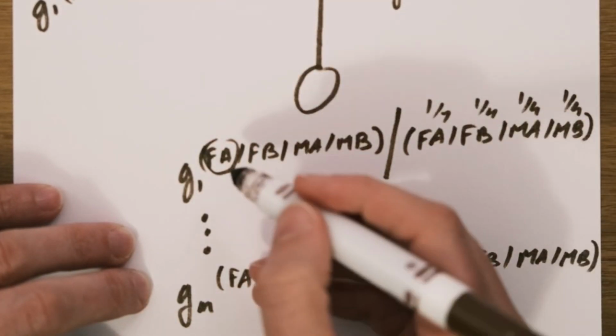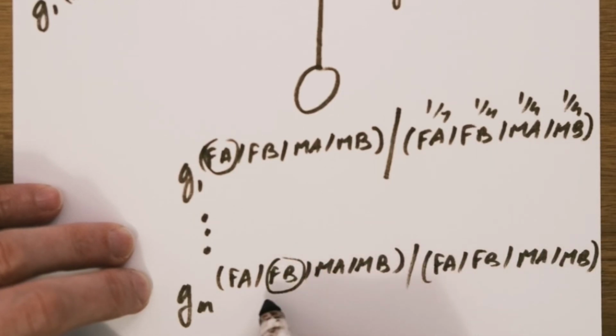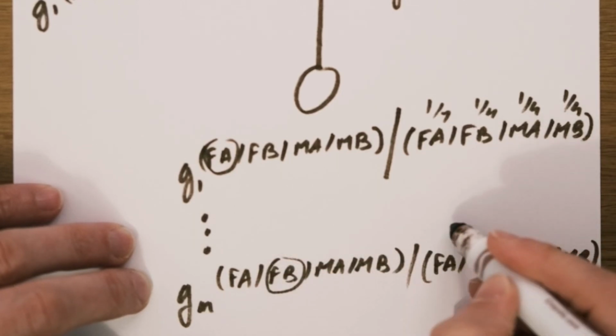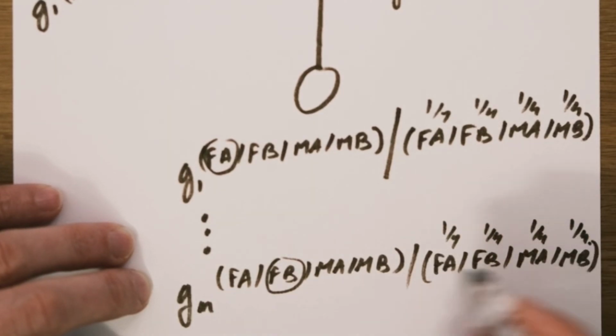And the same is true for all of the other genes. For example, in gene N, we can have the allele coming from grandfather B, and so we have again 1 in 4 chances that from the mother they are receiving the same allele.